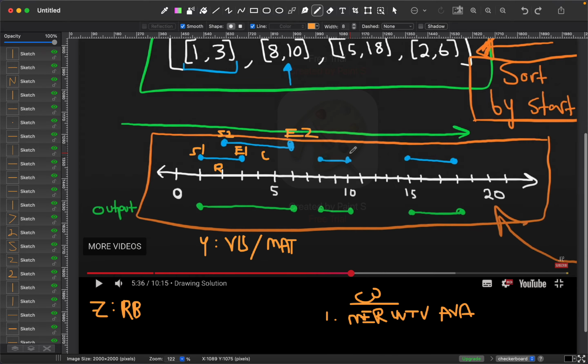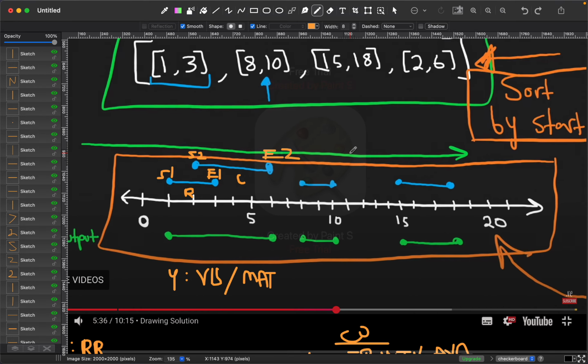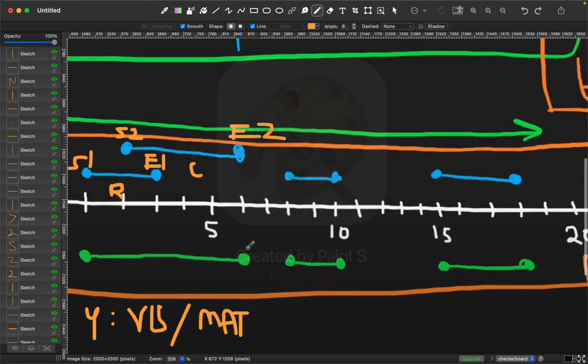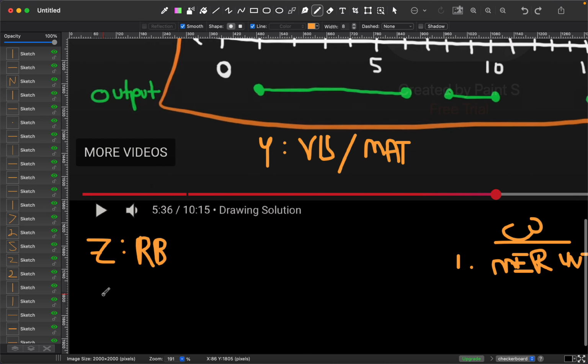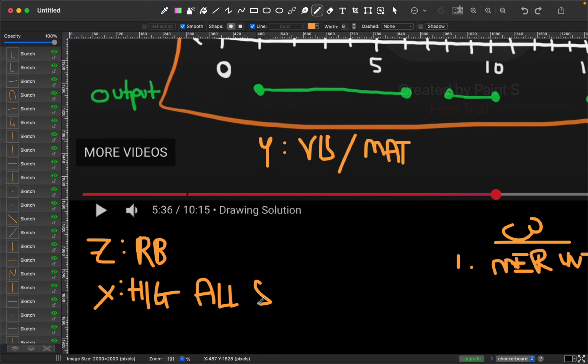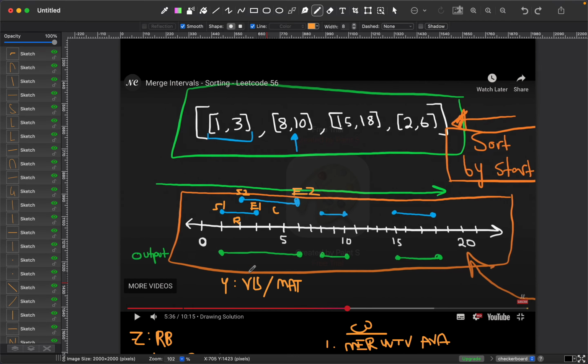Now the question is, why did they suggest highlighting? What they suggest here is: I want to highlight all the starting points. And what's the good of highlighting all this? Say the starting points, this guy, this guy, this guy, this guy.